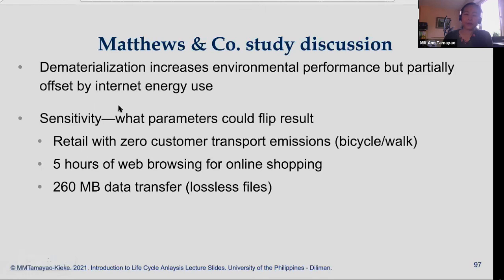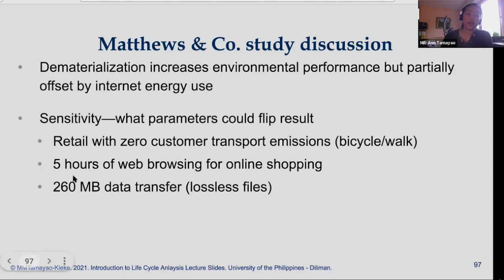The question was basically what parameters could flip the results. One is retail with zero customer transport emissions. If you bike or walk to the store, then you reduce the life cycle energy use and emissions by a lot.